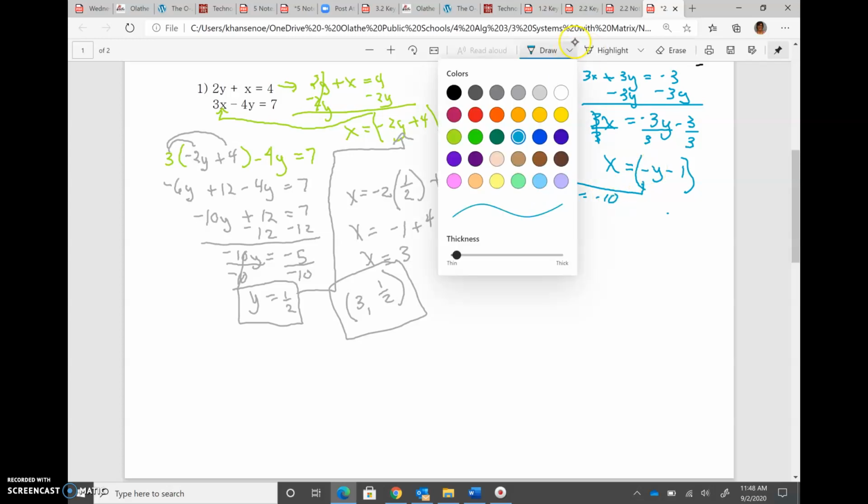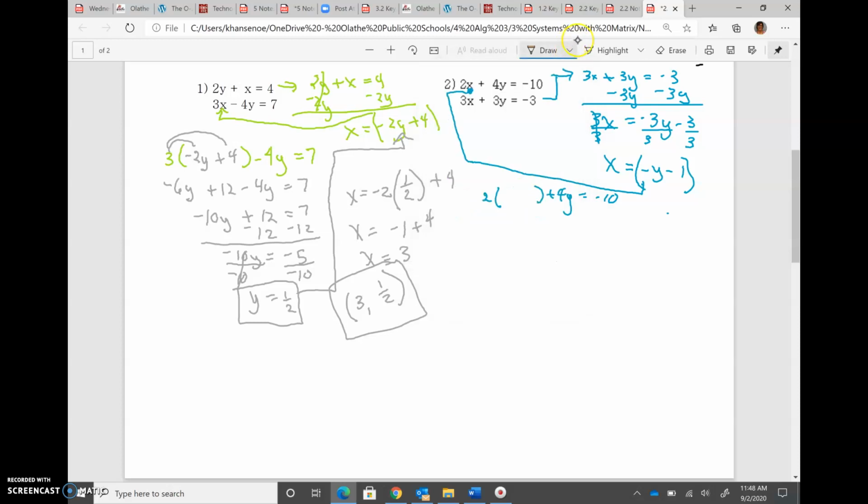So now I'm going to plug in my negative y minus 1. So remember, distribute that 2 to everything. Negative 2y minus 2 plus 4y equals negative 10.